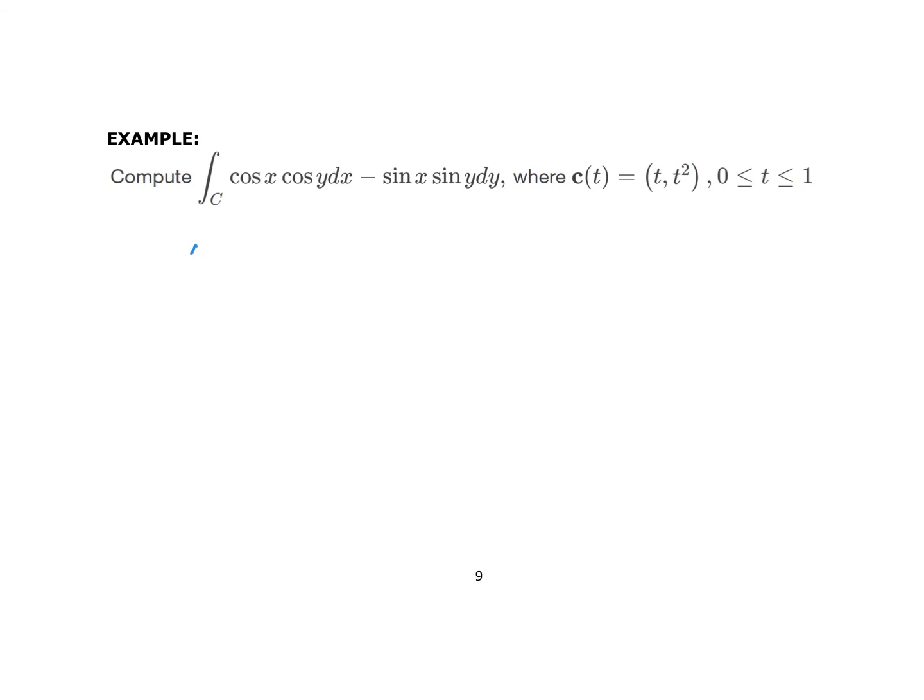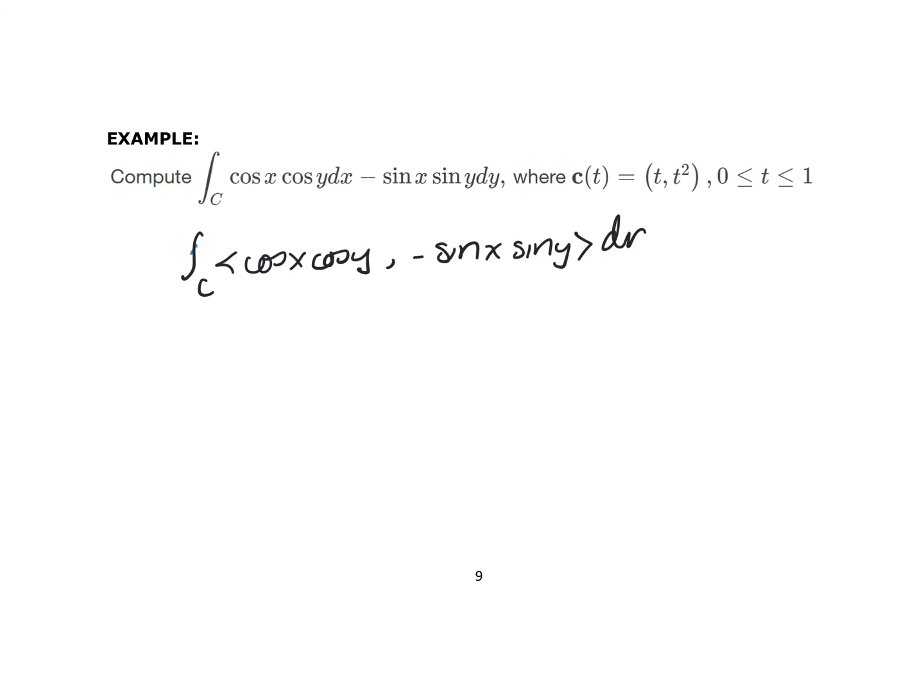So the first thing we're going to do is write this as a line integral. So we're going to rewrite this as the integration across the curve C of cosine x cosine y, comma, negative sine x sine y, like that, and then dr.